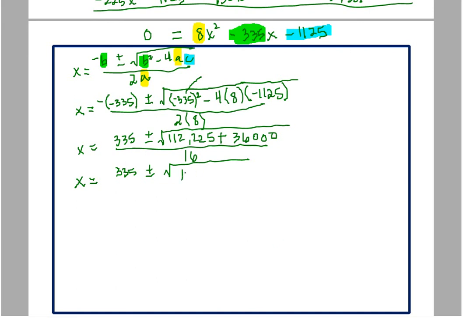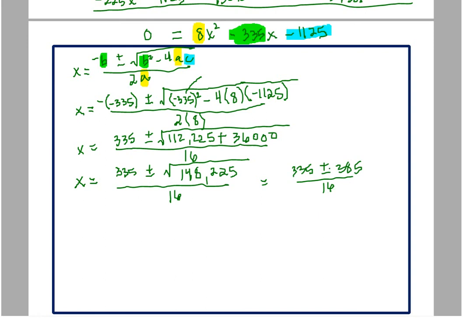That gives us 148,225 over 16. Now let's take the square root of the 148,225. And that's 385. So we have 335 plus or minus 385 over 16.